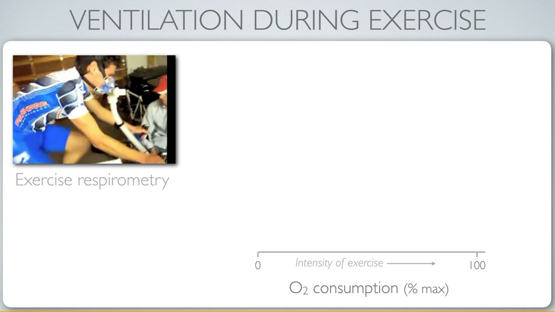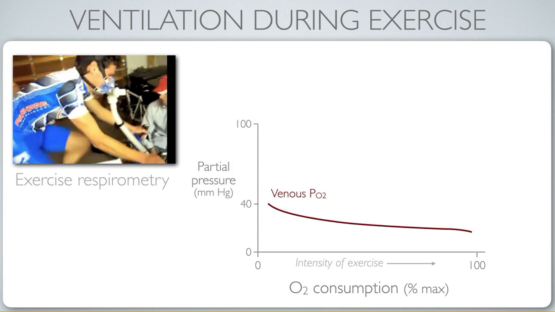If you instrument your athlete so that you can monitor the dissolved gases in the major veins and the major arteries, then what you, not surprisingly, would see is that the partial pressure for oxygen drops at these higher exercise intensities.